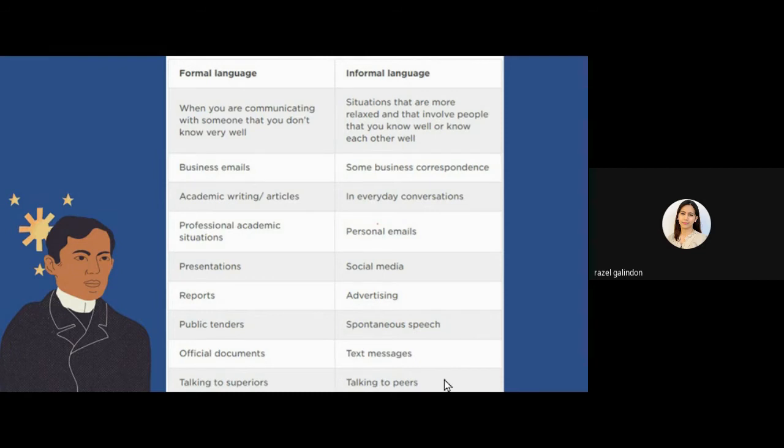While informal language, situations that are more relaxed and that involve people that you know well, like your family, your friends or close friends or yung mga barkada nyo. So we can use that for some business correspondence, in everyday conversations, personal emails, social media, advertising, spontaneous speech, text messages, and talking to peers.